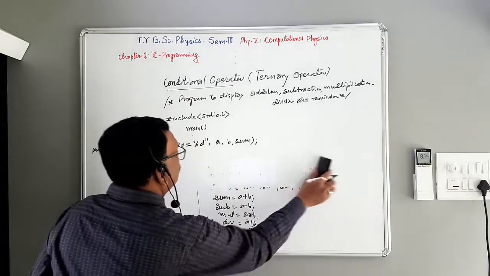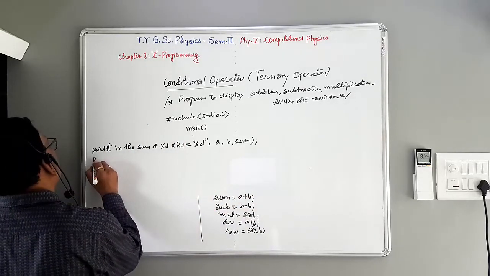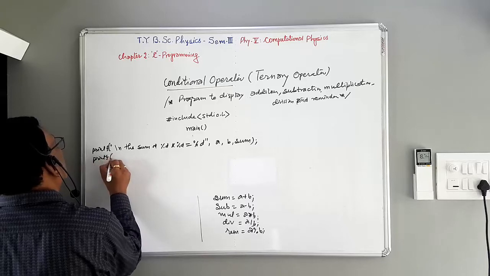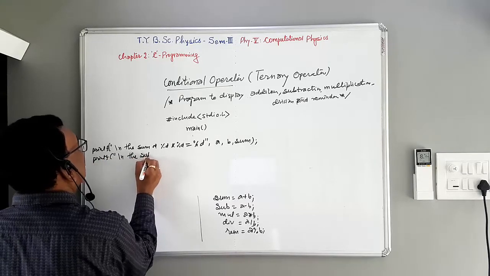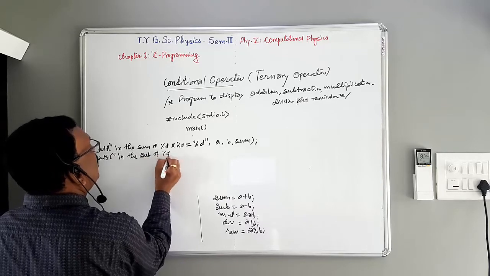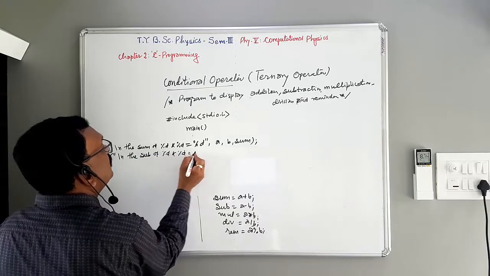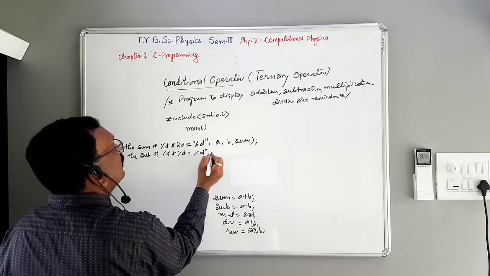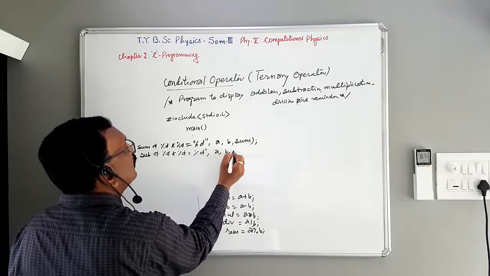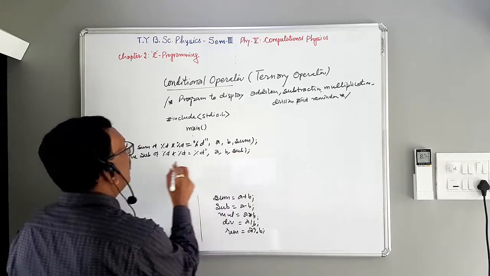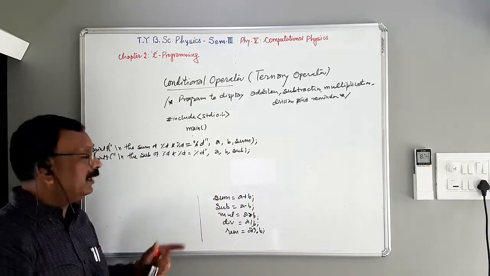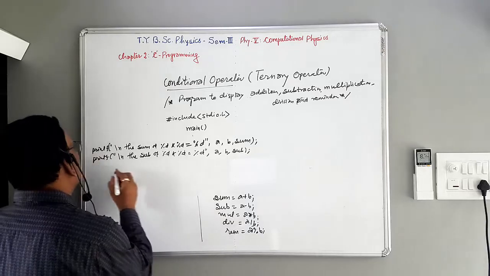Okay. Now, like this, printf, new line operator, the subtraction of %d and %d is equal to %d, A, B, sub. By using this statement, the computer displays the subtraction of two variables.